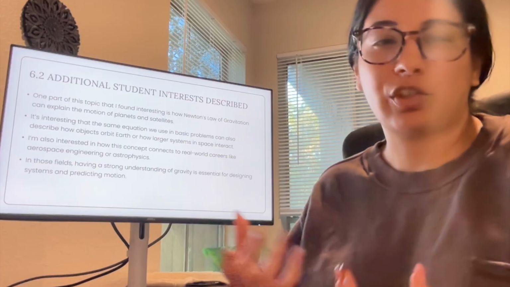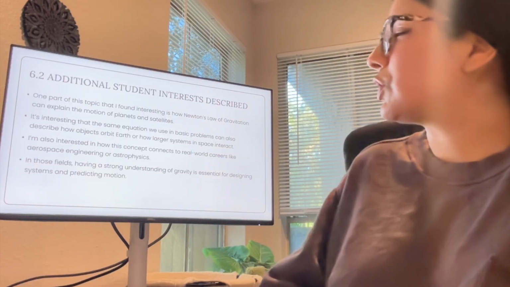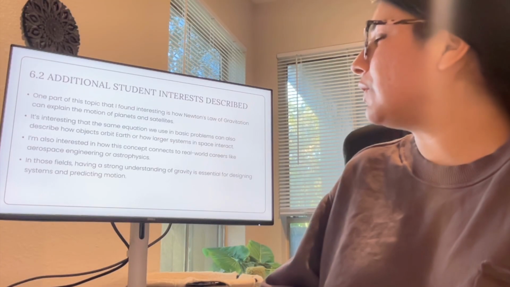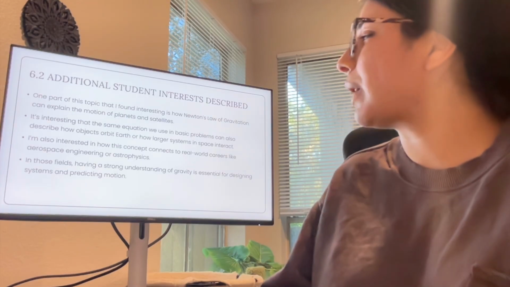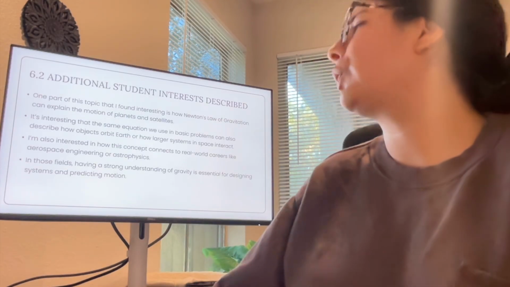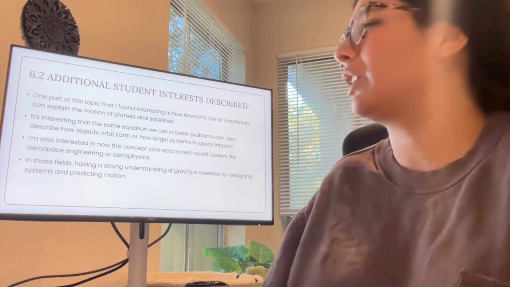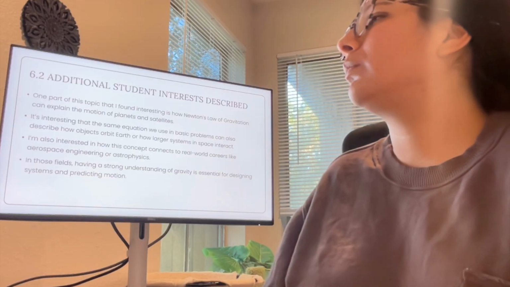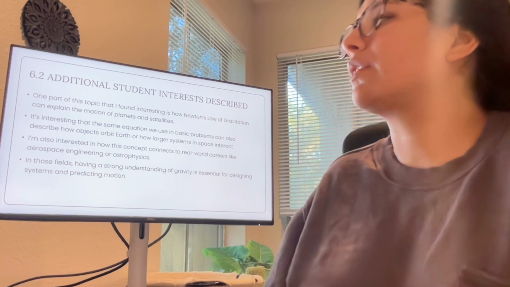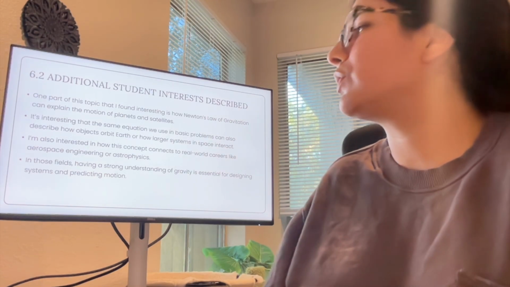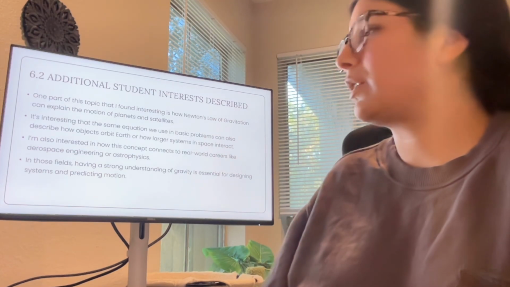Or the relationship between each other. It's interesting that the same equation we use in basic problems can also describe how objects orbit Earth or how larger systems in space interact. It's interesting that something we learn in class is actually used in space missions.